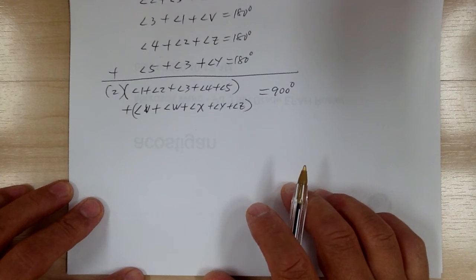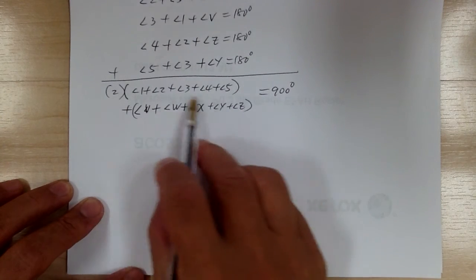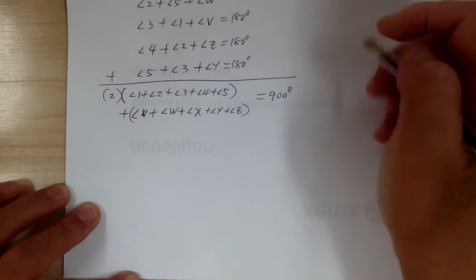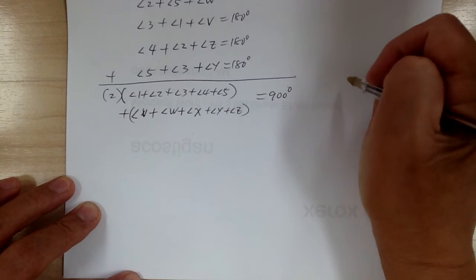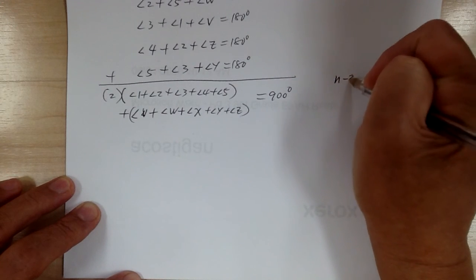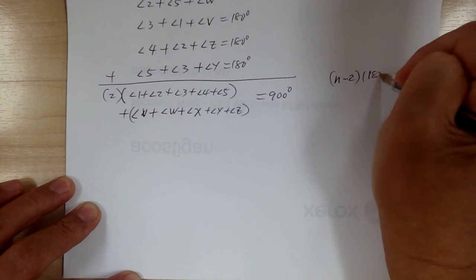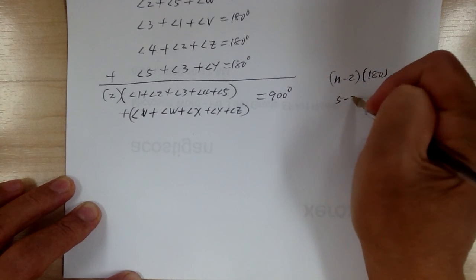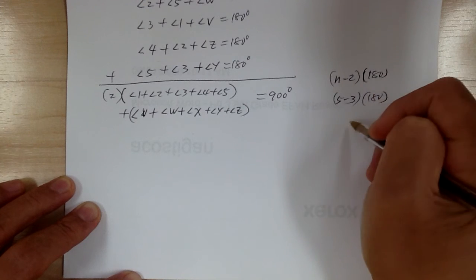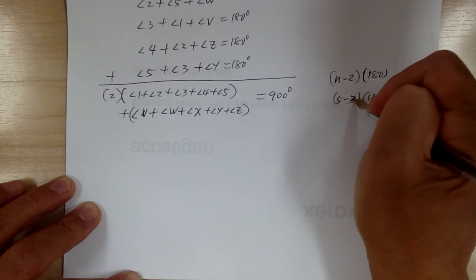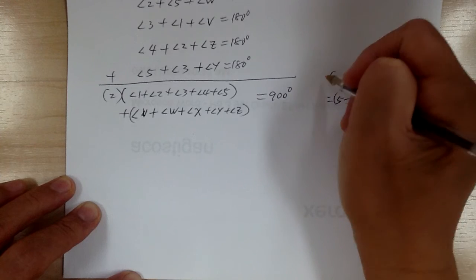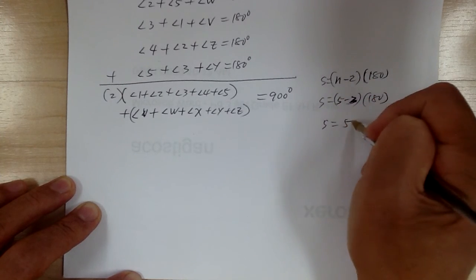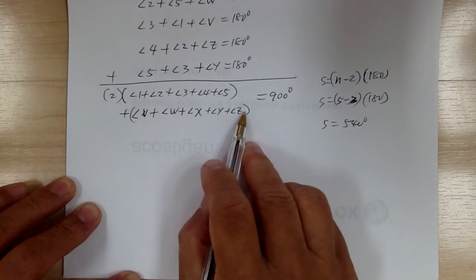Now, this is the interior angle of a pentagon, so you use the formula n minus 2 times 180 for a pentagon. So you get 5 minus 2 times 180, which equals 540 degrees.